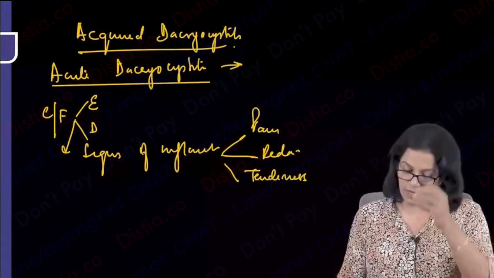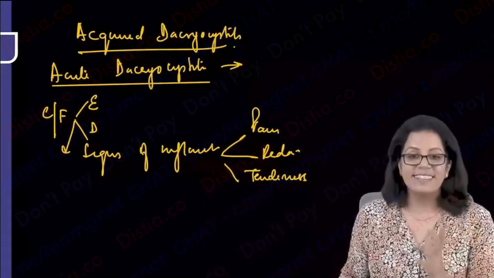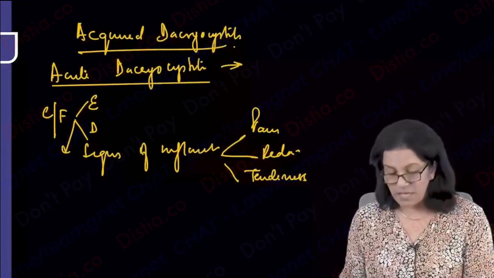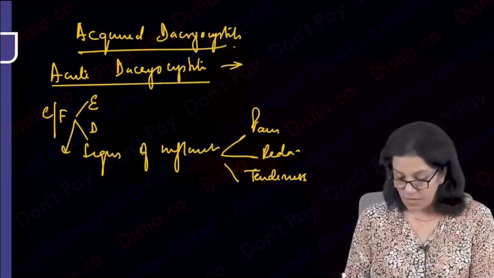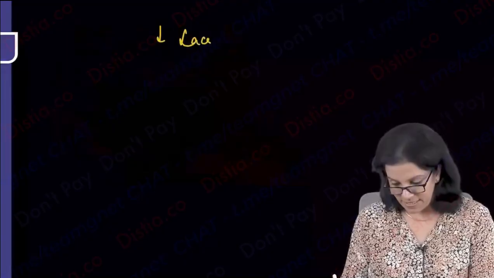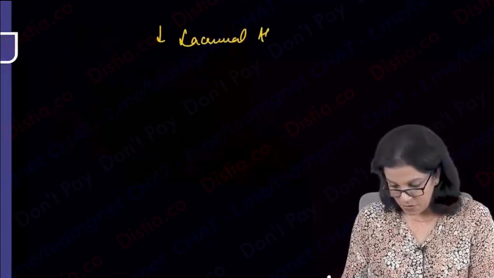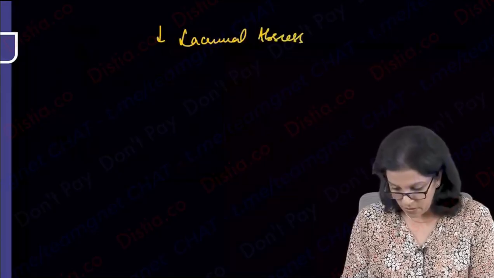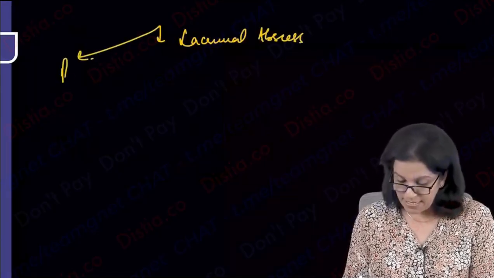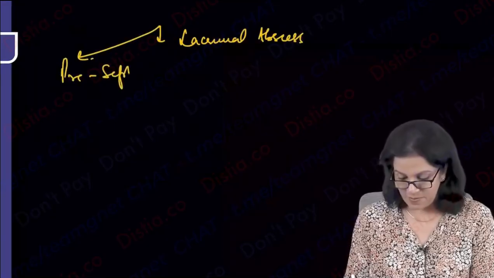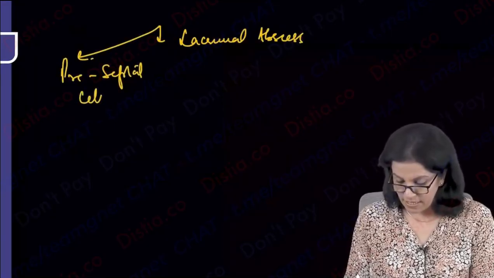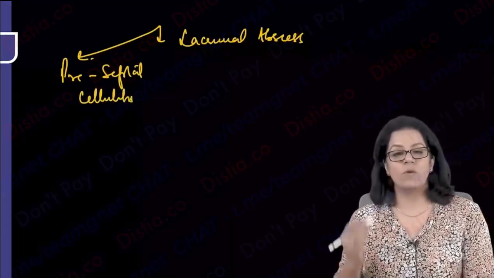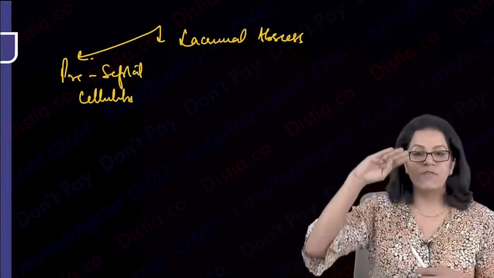Next thing is, how will you manage it? Can it lead to something? Yes, this acute inflammation may lead to lacrimal abscess, or it can even cause preseptal cellulitis. The orbital septum is like a wall of the orbit.